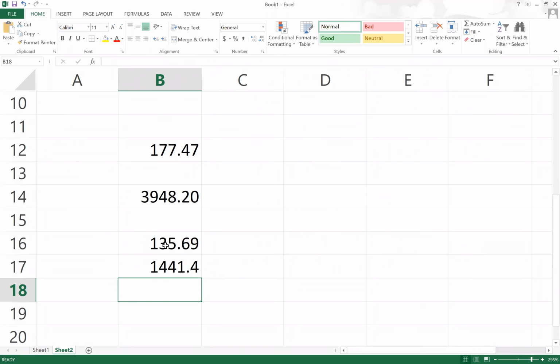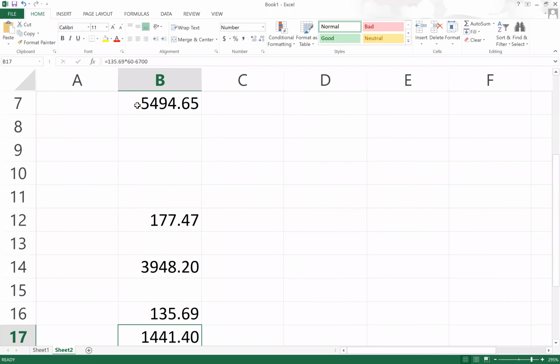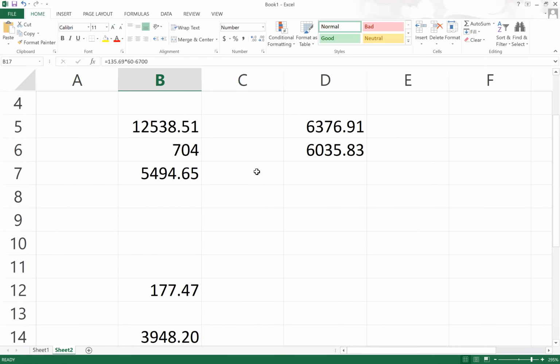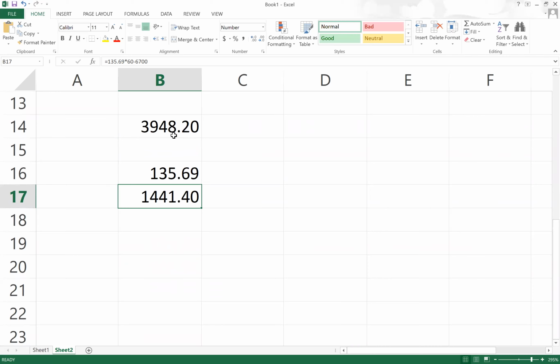So now you look at it, you only pay $1,441.40, right? In terms of interest. And compared to the previous one, paying $5,494. So this is an instant saving of more than $4,000, which is, no, actually this is the one. No, this is $3,948. So the saving is big.